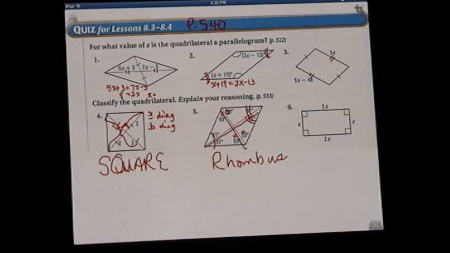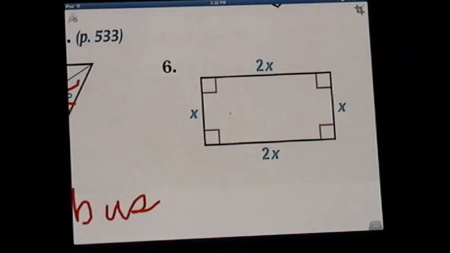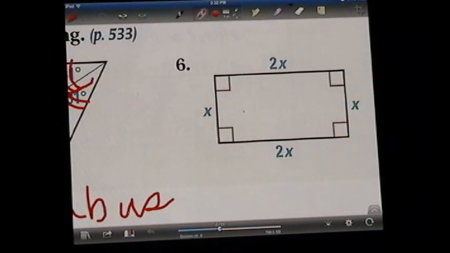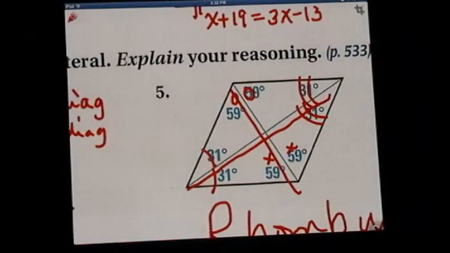Alright, and looking at this one, we have what's marked. We have a pair of congruent opposite sides. Okay, those congruent opposite sides make it, well, let's see.